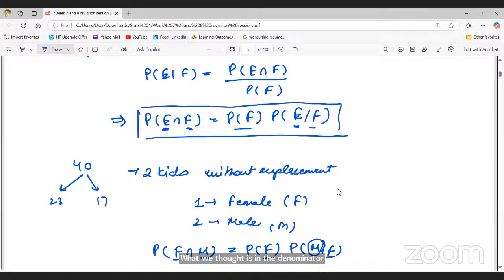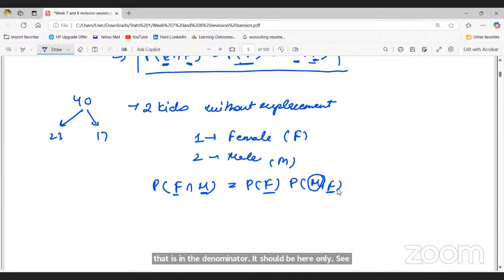It should be here only. See, just take the condition now.